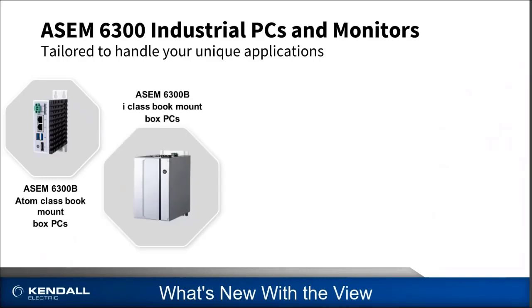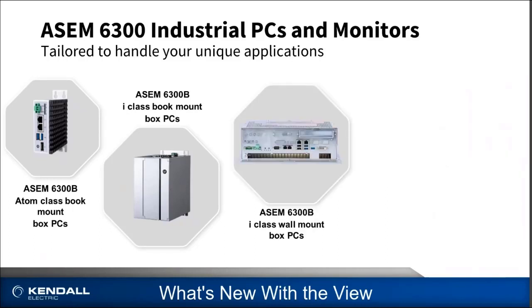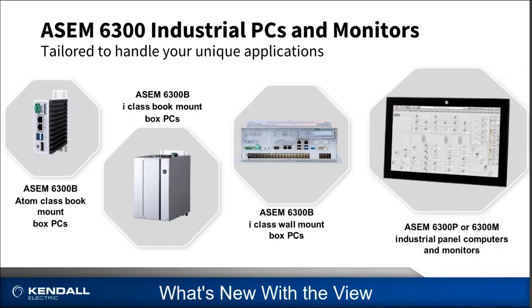Next box PC solution is our I-class book mount 6300B, followed by our next I-class, but this one is a wall mount version of the box PC. Rounding out the portfolio is our Awesome 6300P or M, which is our industrial panel computers and monitors.